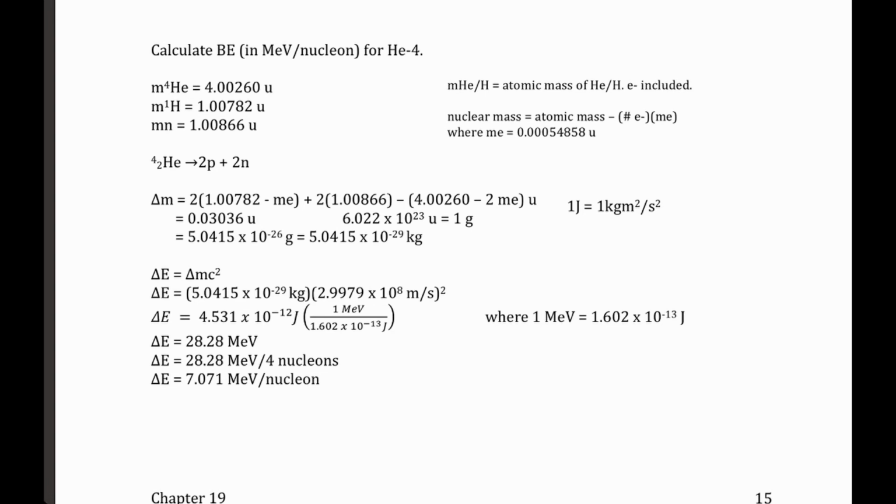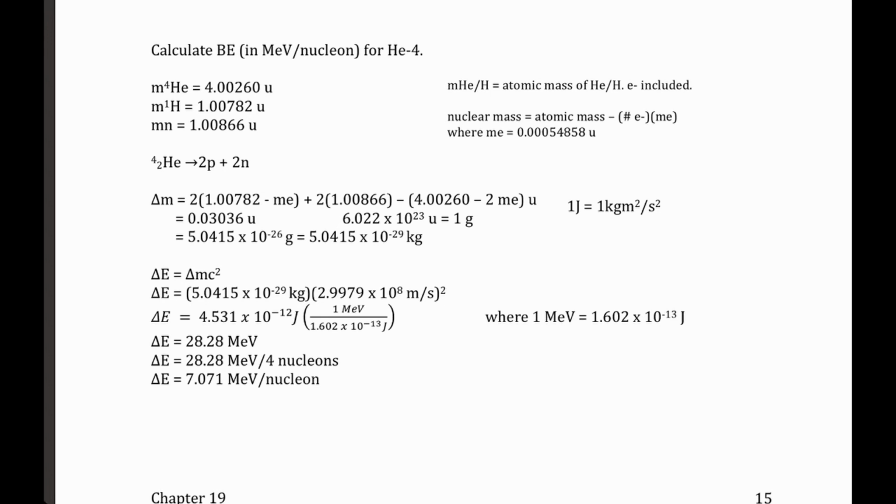So what we're told is the mass of the helium atom is equal to 4.00260 U. Now, that's the mass of the helium atom, which includes the mass of the 2 electrons. We're also told the mass of the hydrogen atom to be 1.00782 U. That would be the mass of the hydrogen nucleus, which is composed of only the proton, plus the electron.